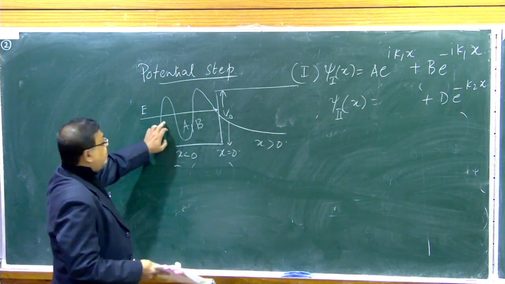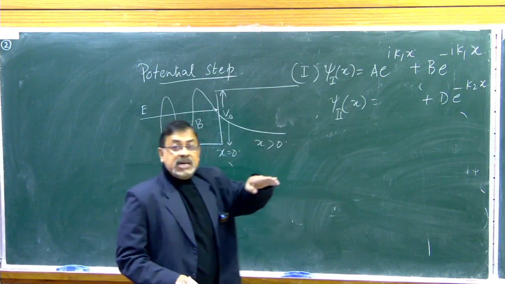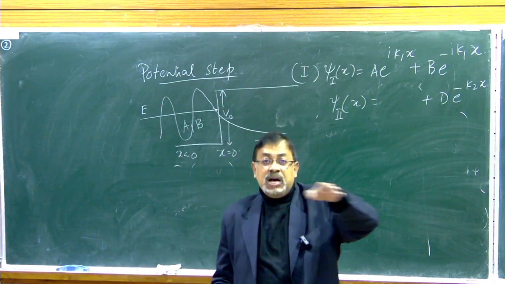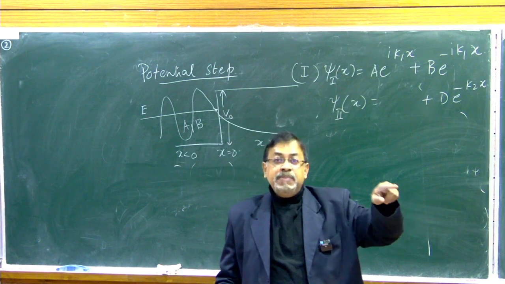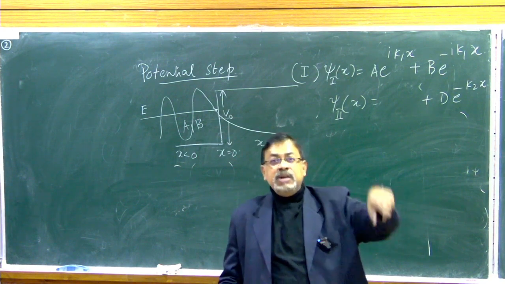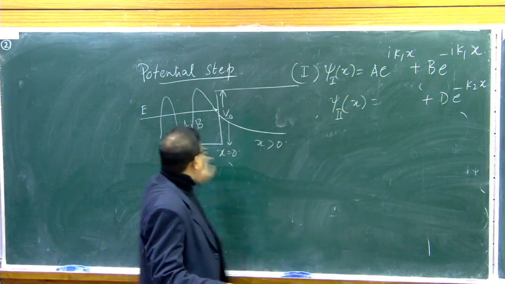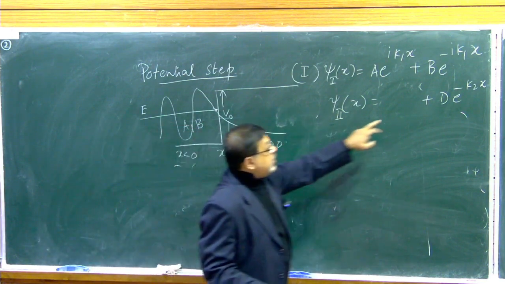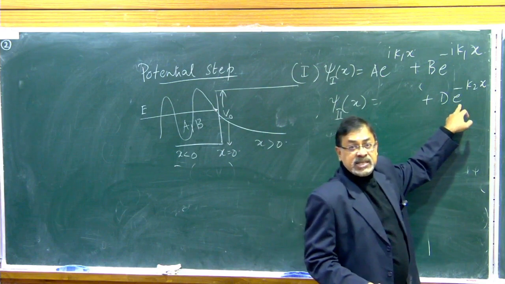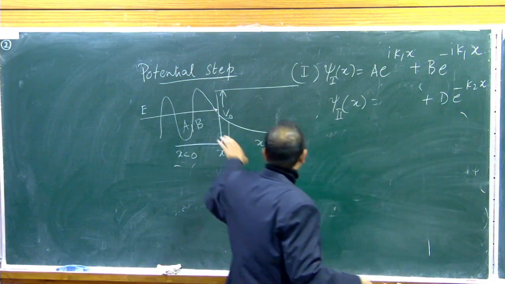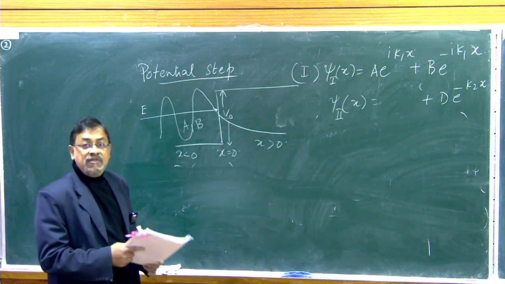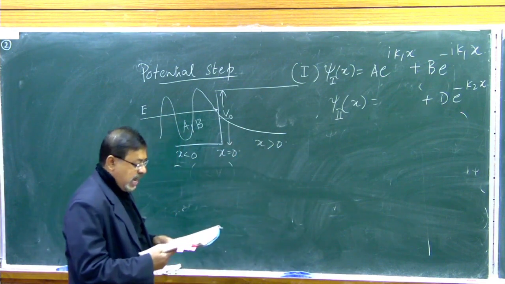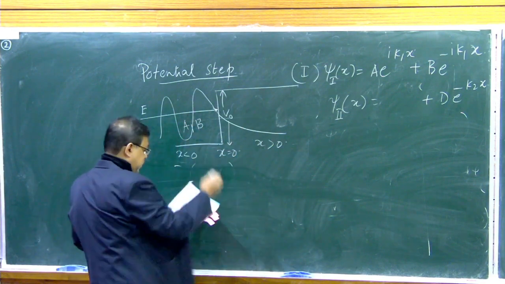The wave function here is an incident wave and a reflected wave, and because they interfere, there will be an interference pattern on the left, and as it enters, it will show a behavior like this, and it will go down. This is called an evanescent wave or a decaying solution inside, and it doesn't bother us. So this is at x equal to 0.